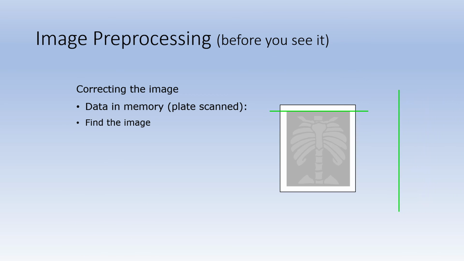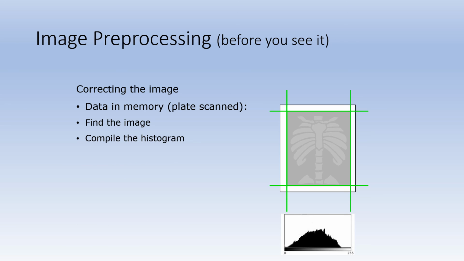The radiograph to the right represents a raw, uncorrected image. The image first resides in memory after the imaging plate is scanned. Next, the computer finds the image. The computer uses the collimator margins to assist in finding the image. The collimator margin is a straight line where the image intensity drops quickly.